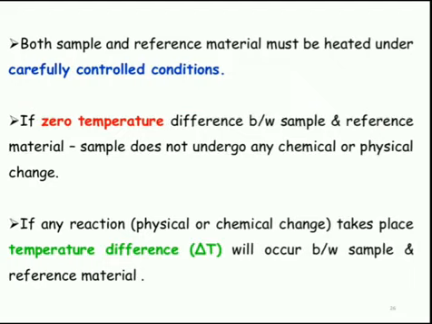In DTA, both sample and reference material must be heated under carefully controlled conditions. If there is zero temperature difference between sample and reference material, then the sample does not undergo any chemical or physical changes. If any physical or chemical change occurs, a temperature difference will occur between sample and reference material.